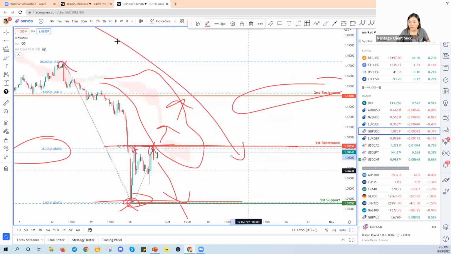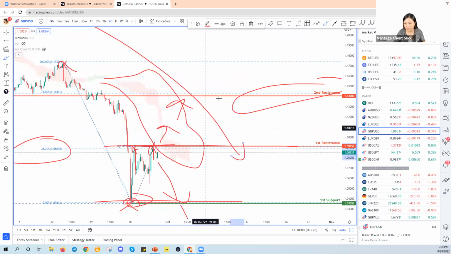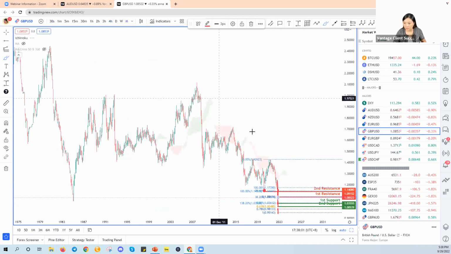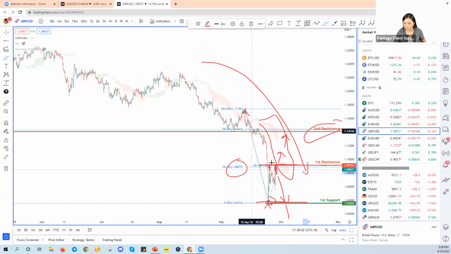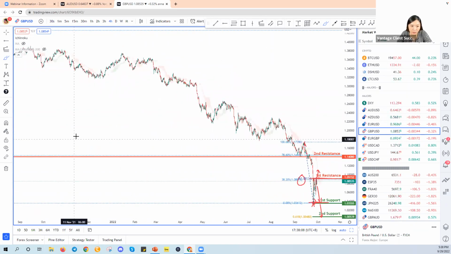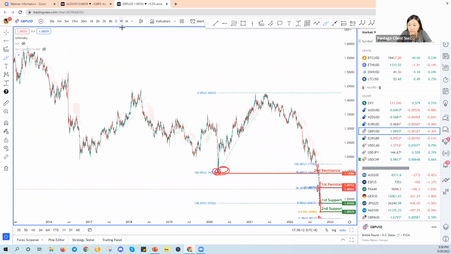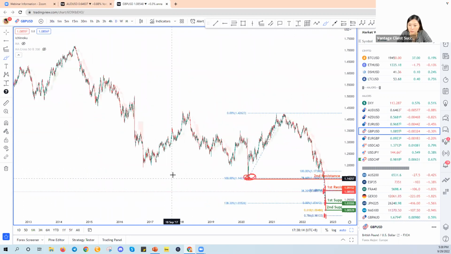Okay. So at times, if you're looking at 4 hours and there is nowhere near for you to benchmark or reference, you can always zoom out to a bigger time frame. It gives you a bigger, wider view.